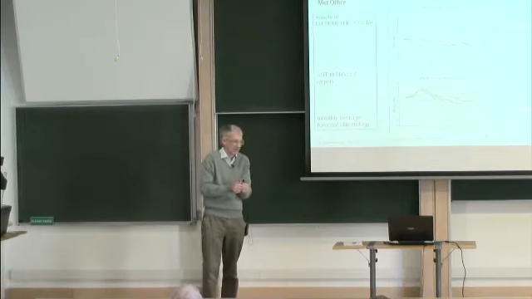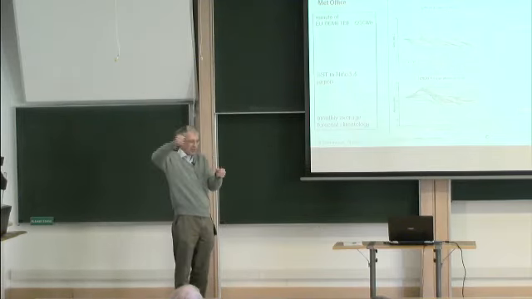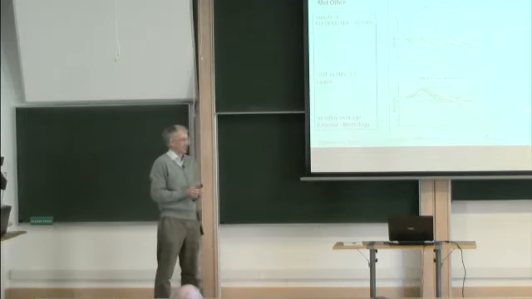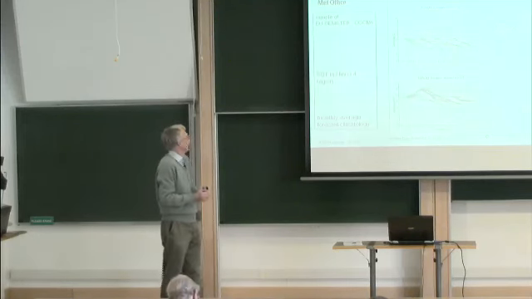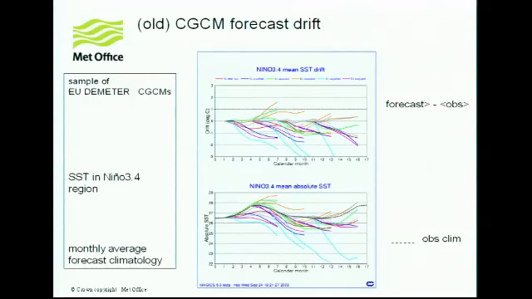You then let the forecast go, and the model wants to gradually drift off towards its own climate. And this drift can be quite substantial. You can see on that diagram there, perhaps we look at the bottom one, that dotted line there is the observed annual cycle.